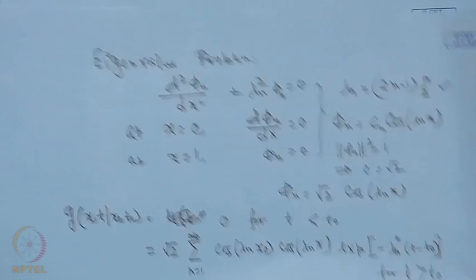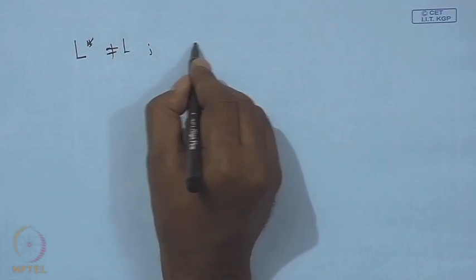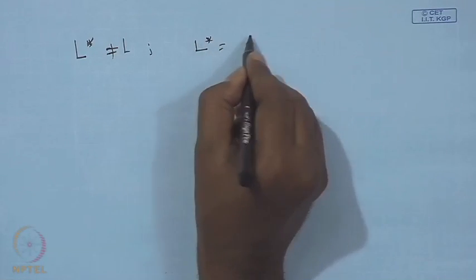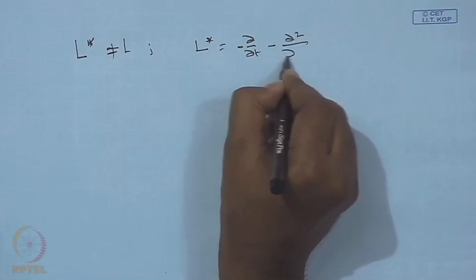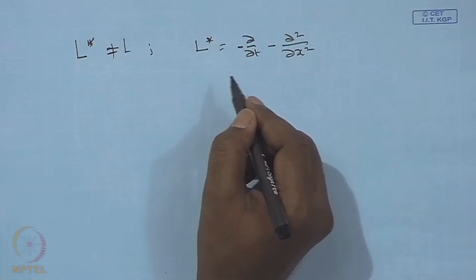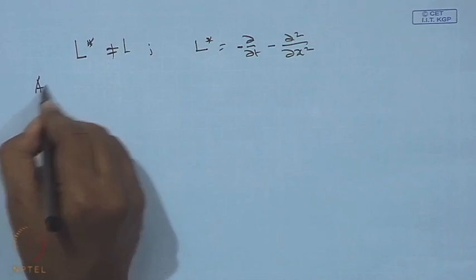Again in this problem the operator is not a self-adjoint operator, because L star remains the same, minus del del t minus del squared del x squared. So, again we will be constructing the causal Green's function, the adjoint Green's function.